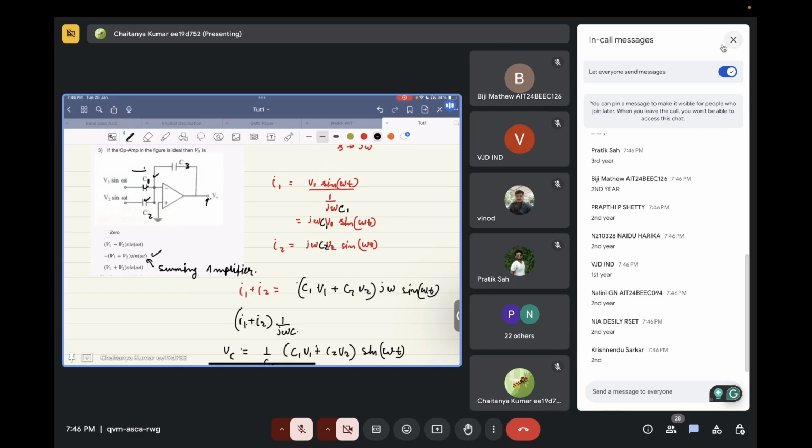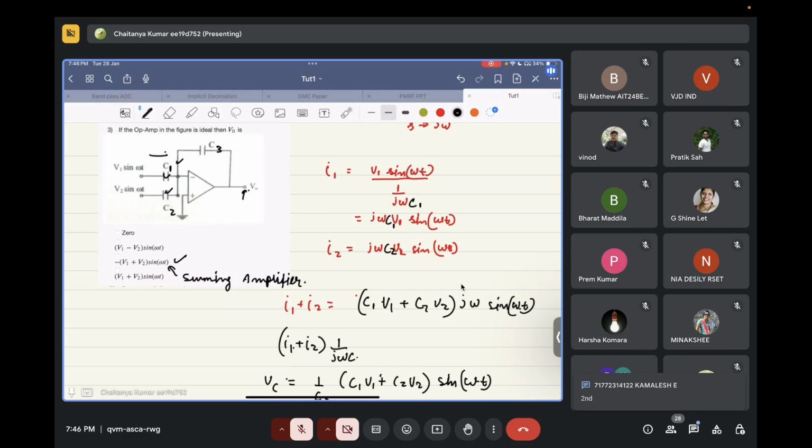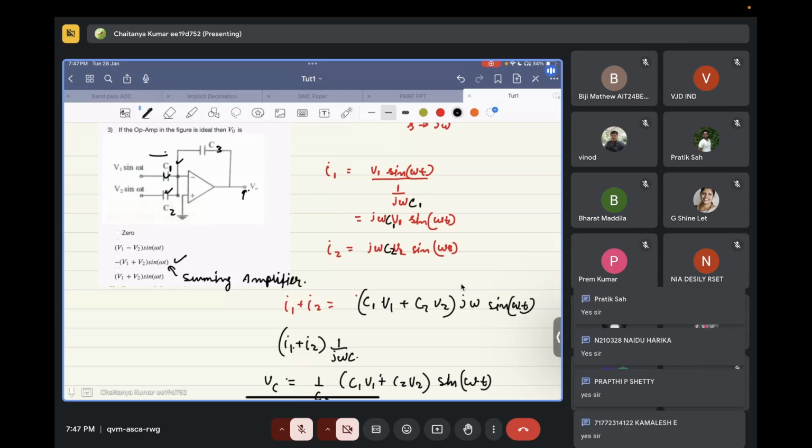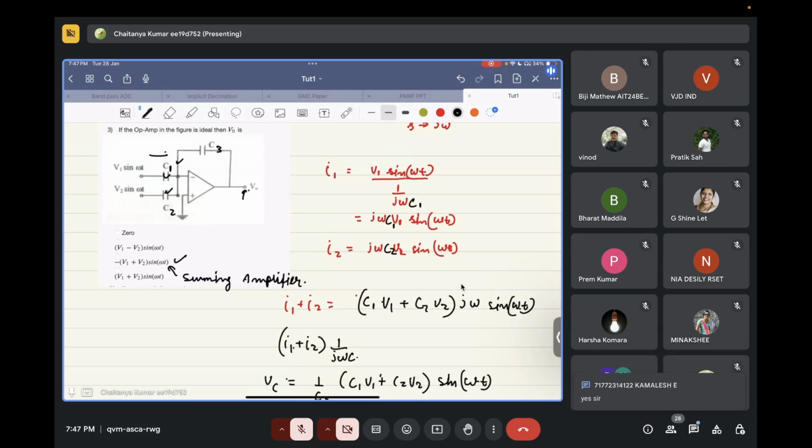So I think the concept of virtual ground and all those things you might have recently studied, so we can have more questions like this. Are you guys familiar with transistors till now? So transistor, small signal model, and all those things. Small signal incremental analysis.